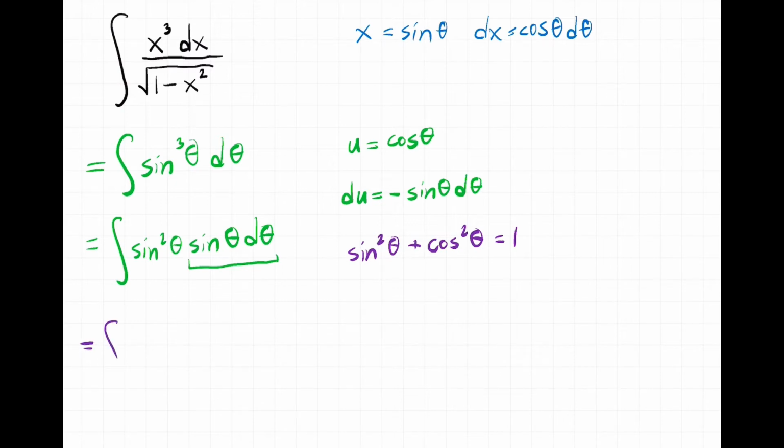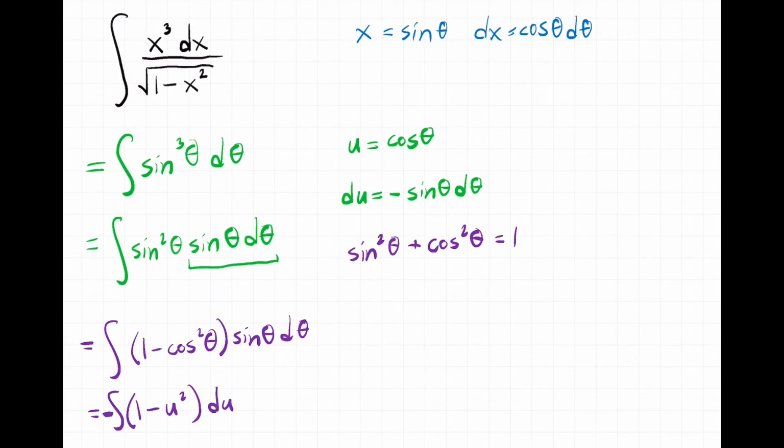This equals the integral of 1 minus cosine squared theta times sine theta d theta. And now we're ready to do our u substitution to fill in the u here. This integral equals the integral of 1 minus u squared times negative du. I'm going to put the negative out front here in front of the integral and put our du here because our du is negative sine theta d theta, but I only see sine theta d theta showing up in my integral.